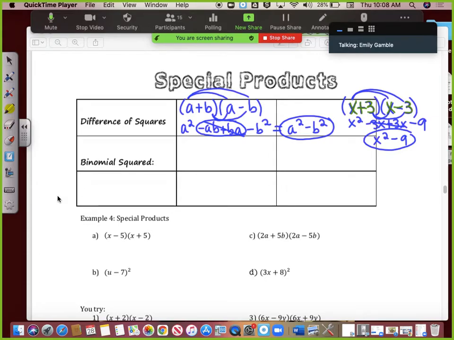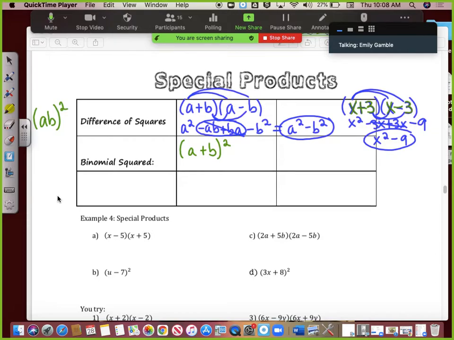And then a binomial squared means if I give you a problem like this, take a plus b and square it. A lot of students think that what you would do for this problem is just distribute the squared to everything on the inside, and that would be your answer. Please realize that in section 5.1, on exponents, there was a rule that said if you had an exponent on the outside of a product, you could distribute that exponent to everything on the inside.